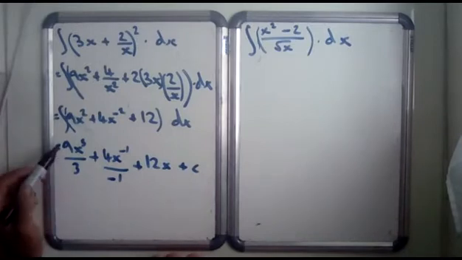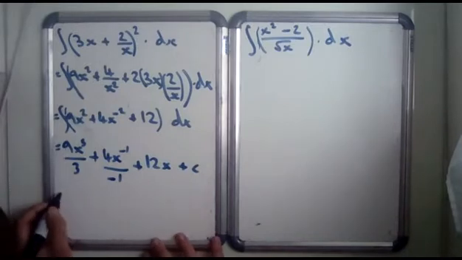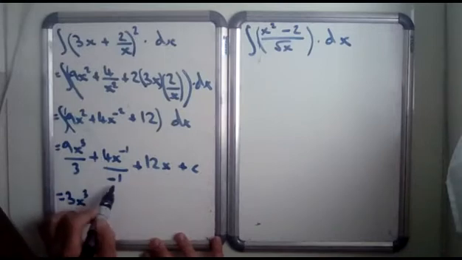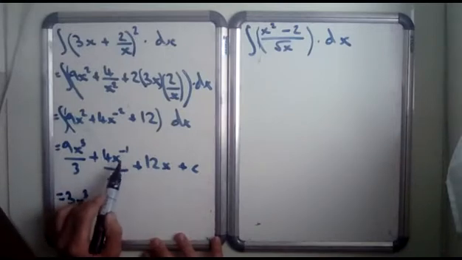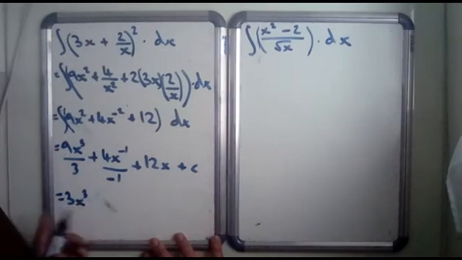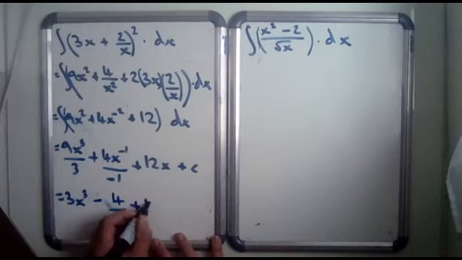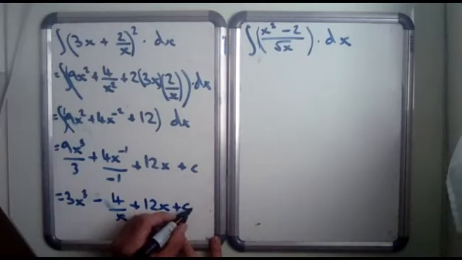So then, well, 9 over 3 is just 3, so that will be equals 3x cubed. 4 divided by minus 1 is minus 4, x to the power minus 1 is 1 over x, so minus 4 over x, plus 12x plus c.